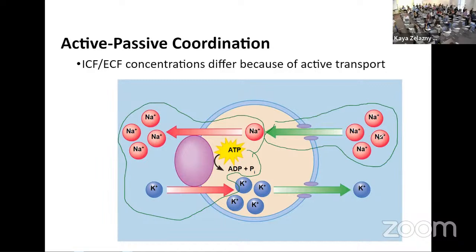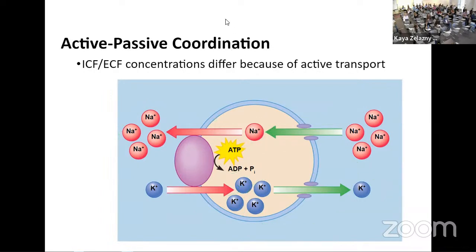This is just passive transport of sodium this time. Green arrow, we let sodium go the direction it wants to go. Same thing with potassium. This would be an example of a potassium channel. We just let potassium go where it wants to go. So we don't always have to do secondary active transport after we set up those gradients. We can just at some point release it and let the ion do its thing.